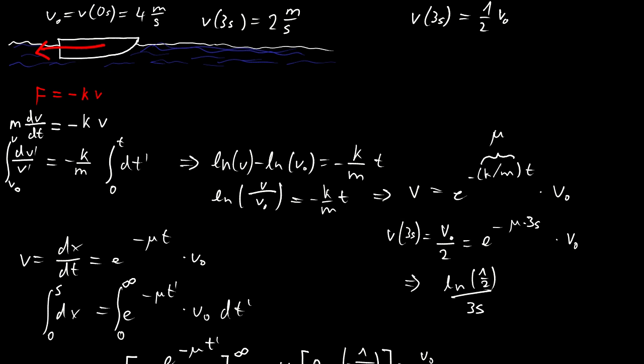Let me check that. Okay, I just checked that, and it's correct, and that equals basically minus mu, and if you put a minus sign in front, then we get mu, and that is a value like I think it's around 0.23.